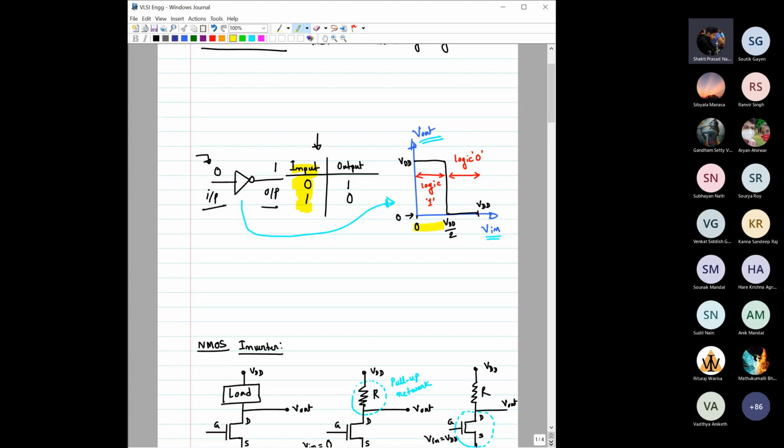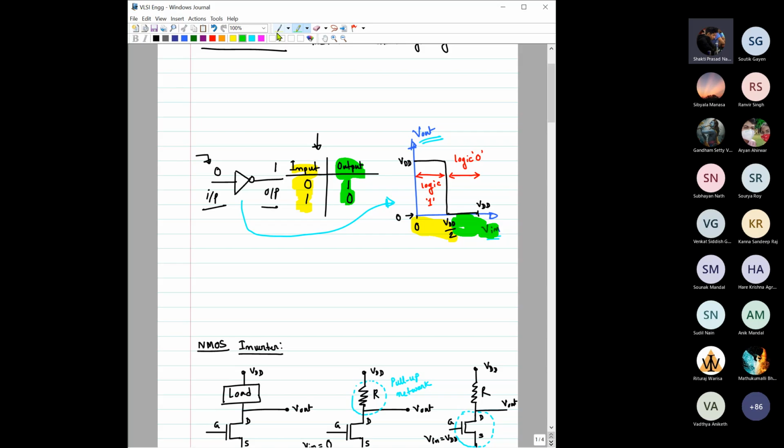Here we have defined that logic 0 is for input voltage from 0 to VDD by 2, and for the output we have defined a range from VDD till V in. So it is basically a range of voltages, not a particular quantized voltage, on the input side.